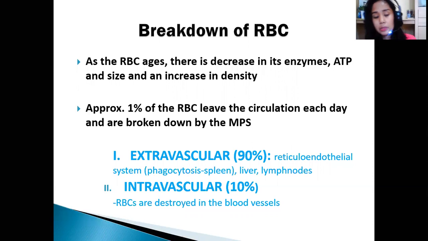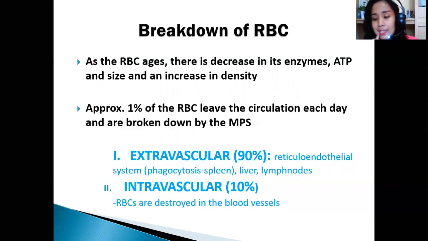So, yung sinasabi ko dati that, di ba meron tayong mga splenic macrophages. So once your red blood cell reaches its 120th day, pupunta na siya sa spleen and it will be engulfed by the splenic macrophages. So yun yung 90% of hemoglobin or red blood cell breakdown. What else?